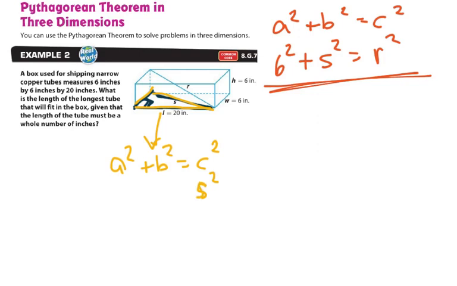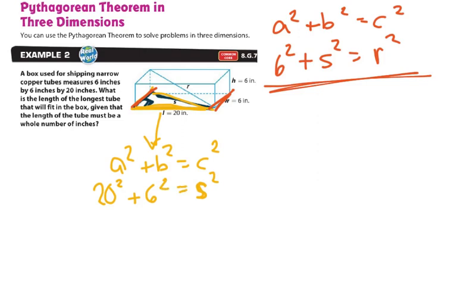Are you with me on that one? Okay, so S squared is that. And then my a can be this length of 20 inches, so 20 squared, plus b is going to be this length right here, which matches this length over here, which is 6 inches, so 6 squared equals S squared.